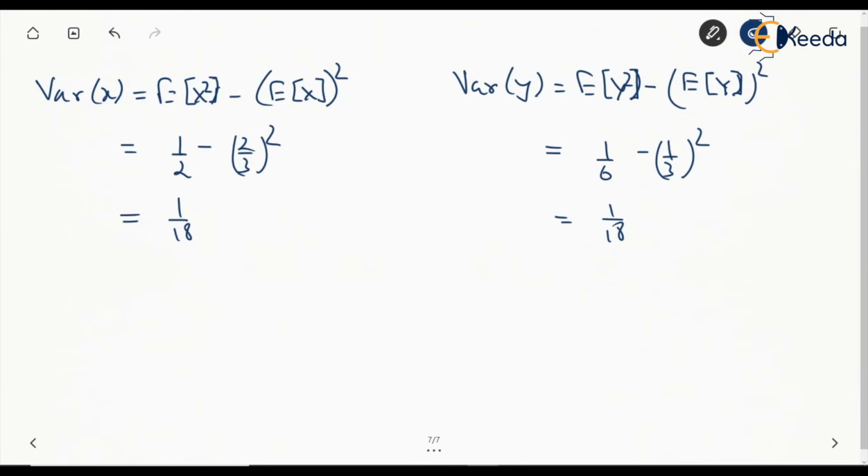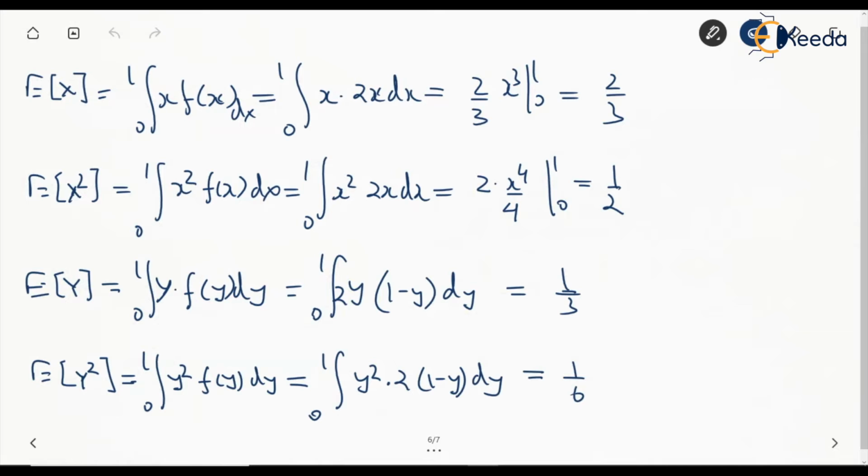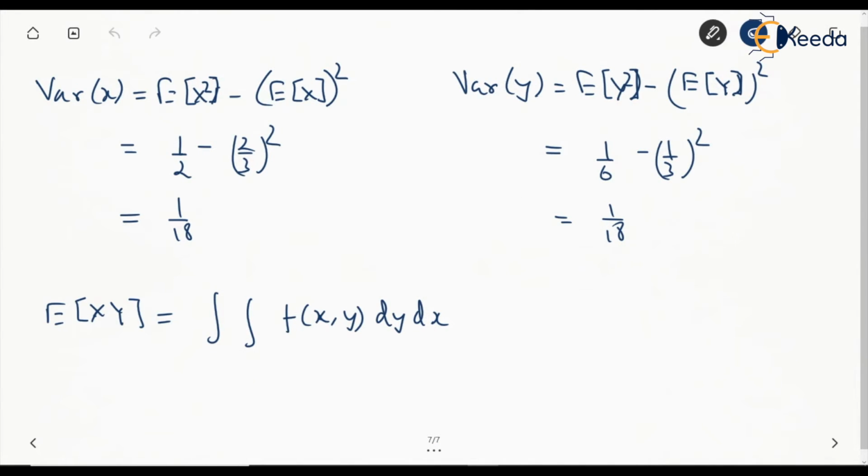expected value of xy. This is nothing but the double integration of the density of the combination of these random variables. Let's say we are integrating in terms of dy dx. Why dy dx? We can take any order, but we have to make sure that we are in the same region. So this is the region.